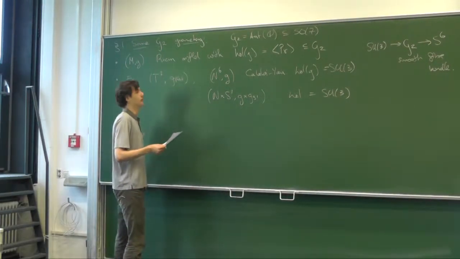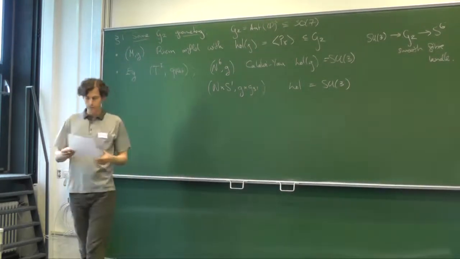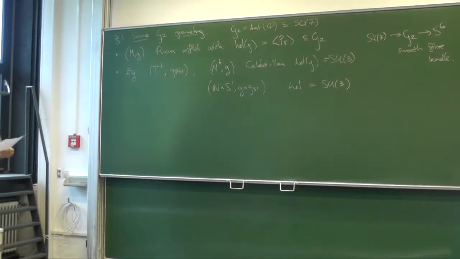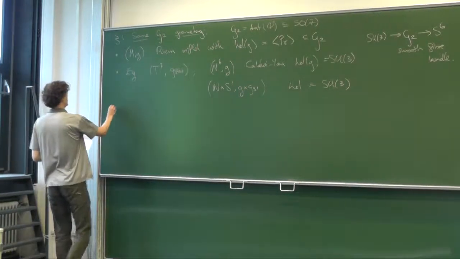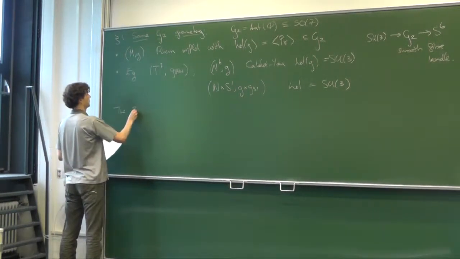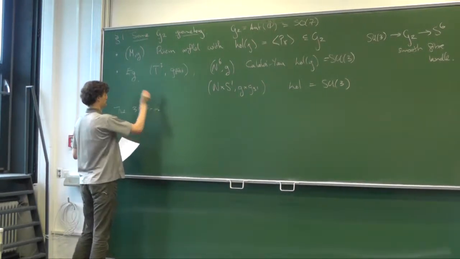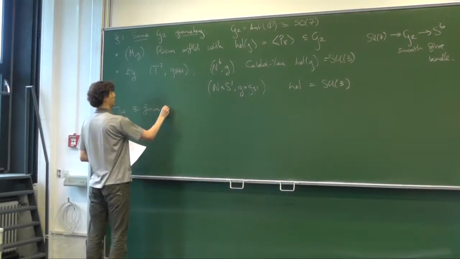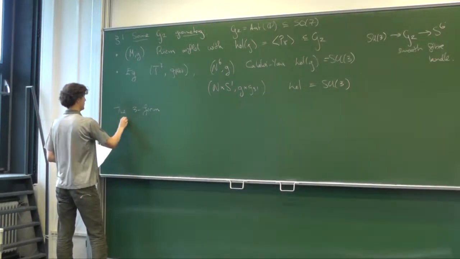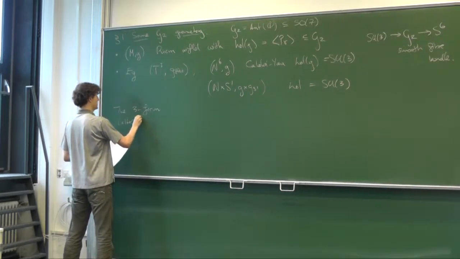But before I tell you a little bit about G2 geography, now I want to tell you about the 3-form. This is an alternative definition of G2 structures.